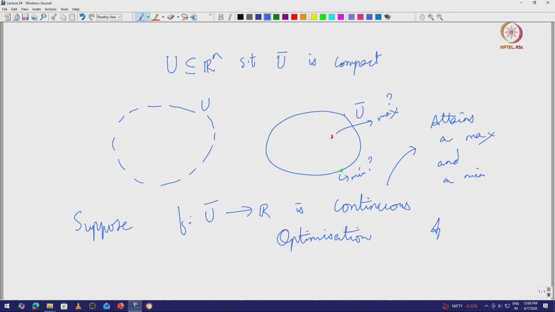In pure mathematics, it arises, for example, if you want to prove various inequalities. The famous arithmetic geometric mean inequality can be proven by stating it as an instance of this question. So this is a rather important question, and we want to answer it.